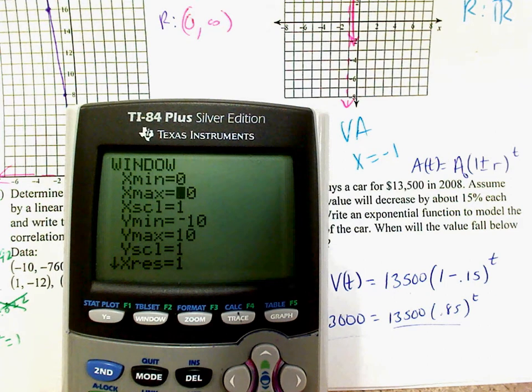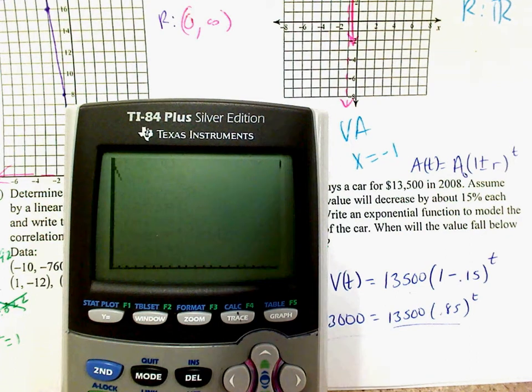And then my y min, negative 10 is fine. Y max, I would say 14,000, because that's a little bit more than how much it was originally worth. And I can see that graph going down, and then I can see the graph of 3,000.